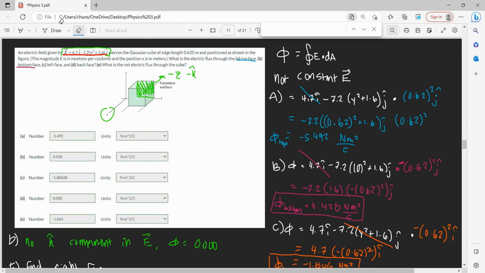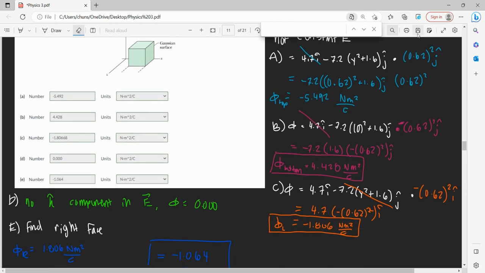So it's important to note that when it's not consistent, you have to be using your knowledge of dot product and how each component is going to play a part in that equation.